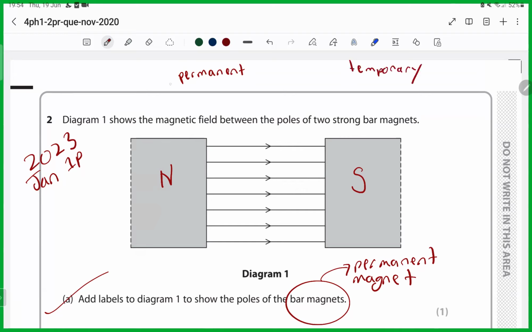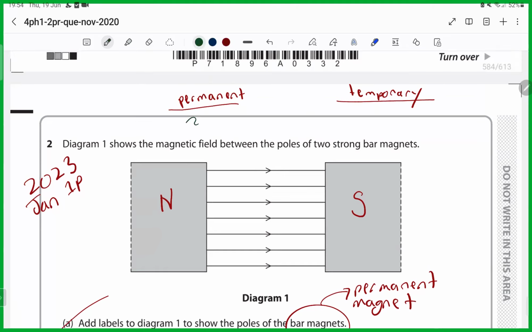If you have missed that class and still have confusion, you should go and watch the video. So what are permanent magnets? The magnets which retain their magnetism. Temporary magnets lose their magnetism over a short period of time. Over a long period of time, almost infinite, permanent magnets retain their magnetism.